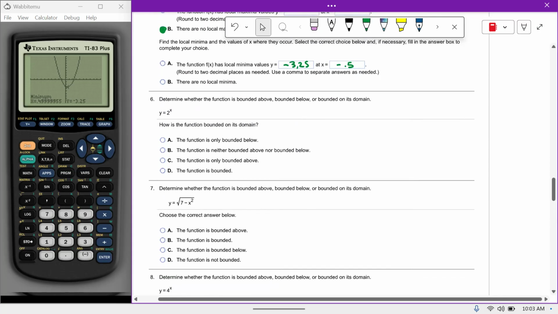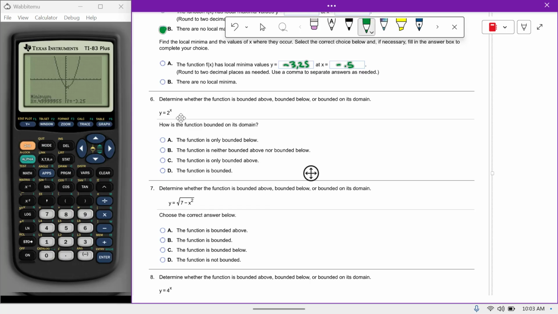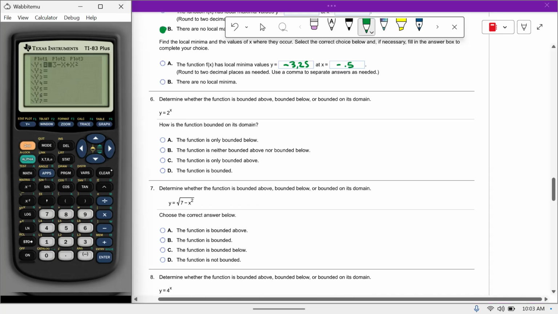All right. So if we look at this, y equals 2 to the x power. So I'm going to graph it. 2 raised to the x power, graph. What does it look like? Okay.